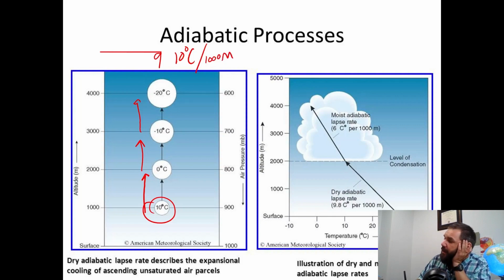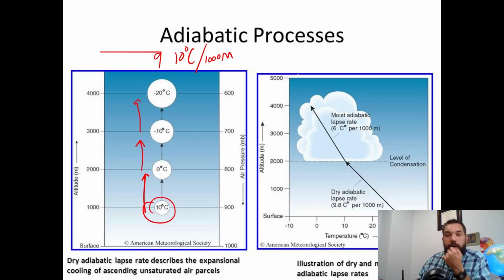So number 8, what is an adiabatic lapse rate? You know that a lapse rate, we learned this in the last lecture, is the rate at which temperature changes as you go up through the atmosphere. It's the rate of change of temperature with elevation or with altitude.